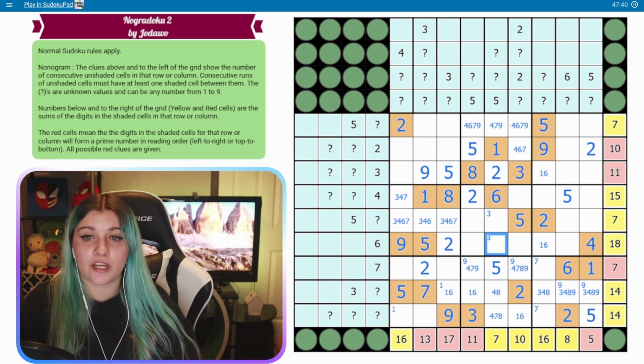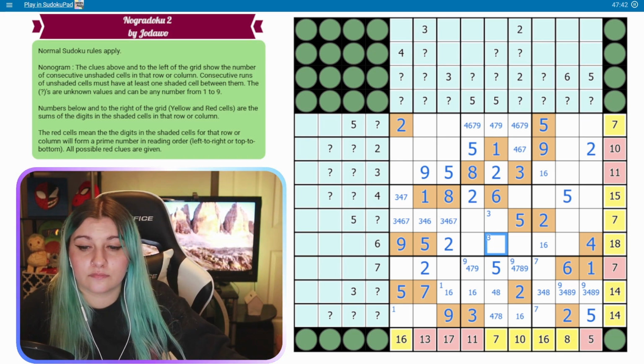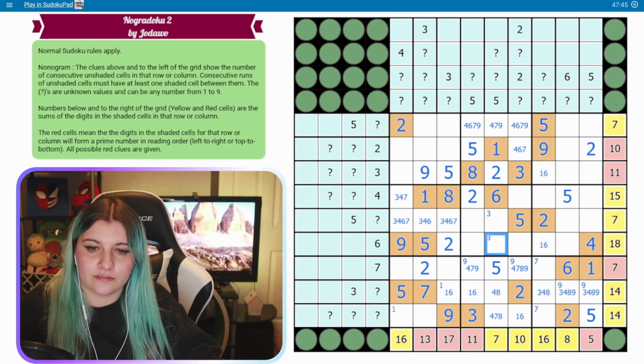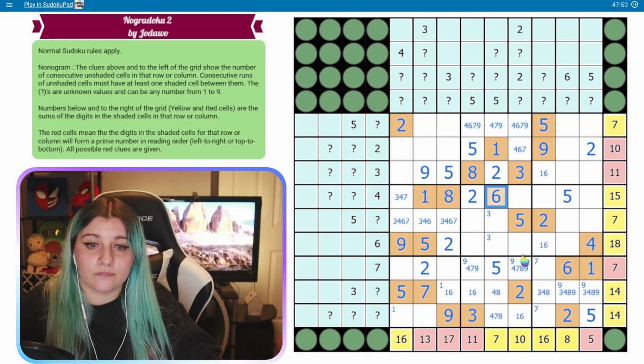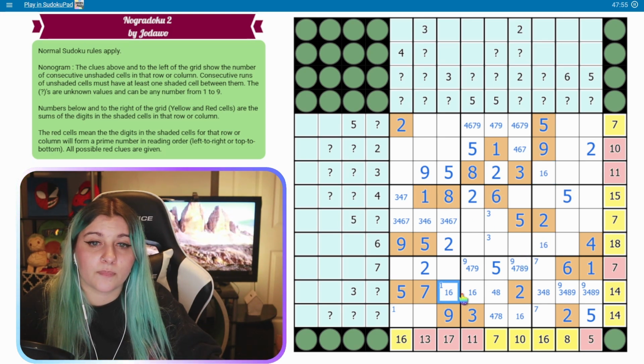Maybe I want to shade for 1 6s now. Would that help me? This is a 1 6, this is a 1 6. I have 1 and 6 here. I have 1 6s here.